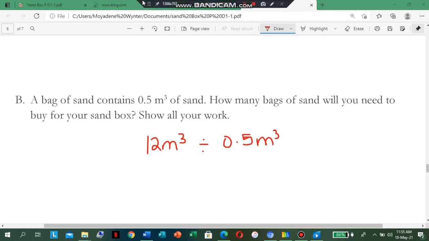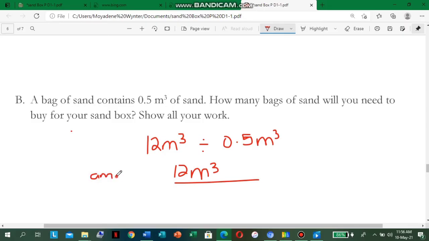All right, so I think that's clear. So we have to divide. Let us divide our 12 cubic meters. This is the amount of sand needed, divided by the one bag.